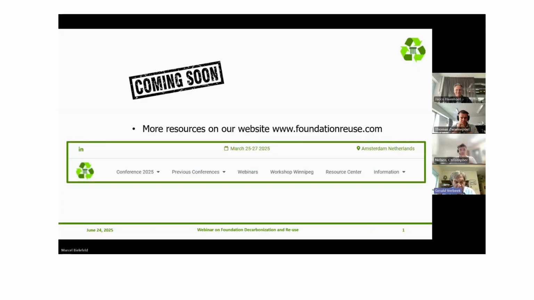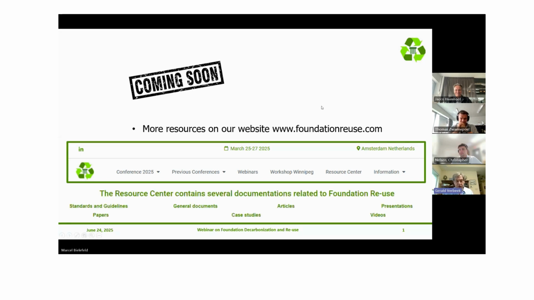More in general, as you can see on the screen right now, on the Foundation Reuse website there's all kinds of information under the resource structure. Foundation reuse is maybe not high on the contractor's agenda, as Thomas already mentioned earlier, but for me and for lots of other people dealing with sustainability, foundation reuse is something that needs to be reviewed.